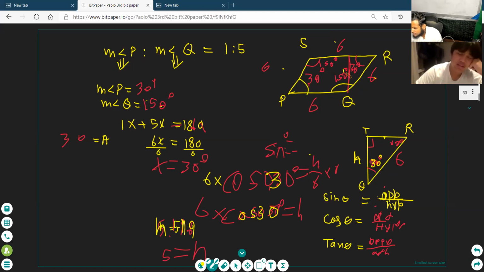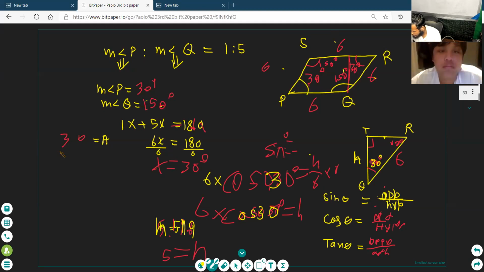This question: base times height, which is 30. I just gave the answer. The answer is base times height. Question number 4, 6. The answer is C, 18, okay?